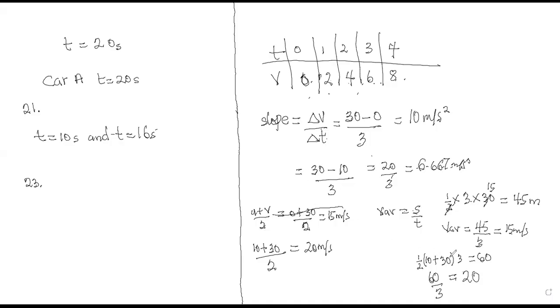Any question, class? No question. Okay, Giovanni. Sir, why did you subtract the 30 from the 3 when you were dealing with the parallel sides A plus B?